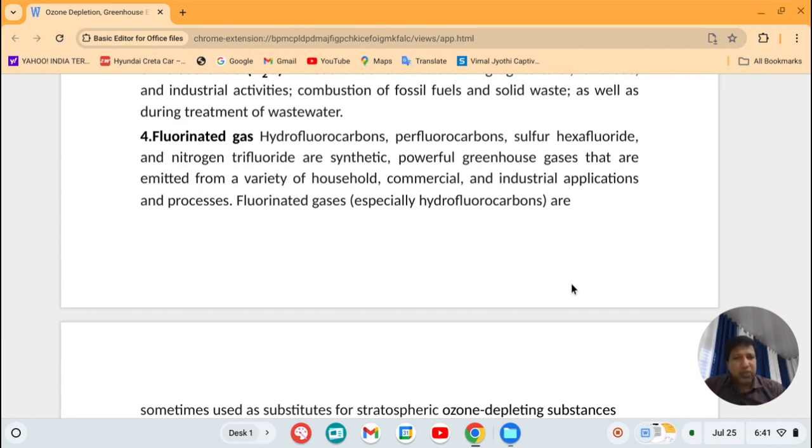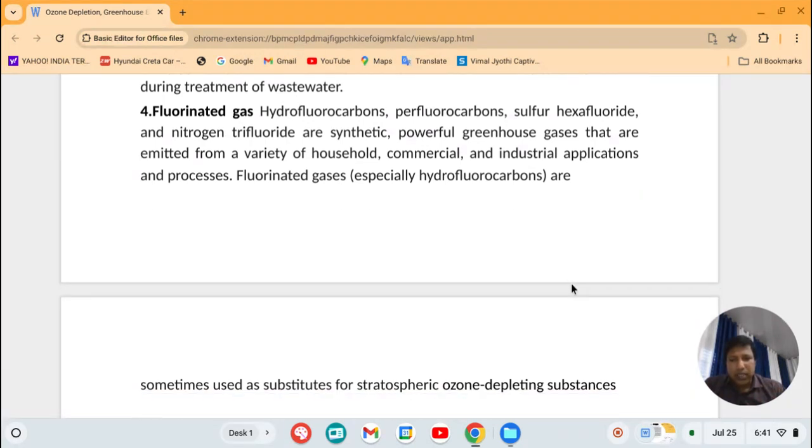Fluorinated gases, especially hydrofluorocarbons, are sometimes used as substitutes for stratospheric ozone depleting substances. Mainly these are emitted from domestic refrigerators and air conditioners. Sometimes they use HFCs as refrigerant. So when leakage occurs, that also acts as a greenhouse gas.